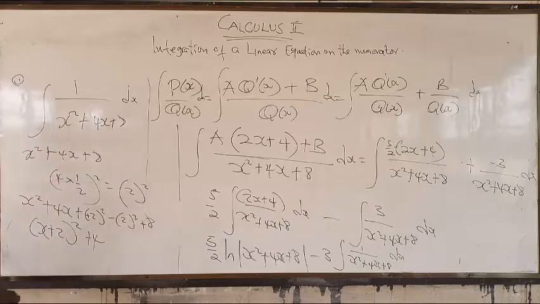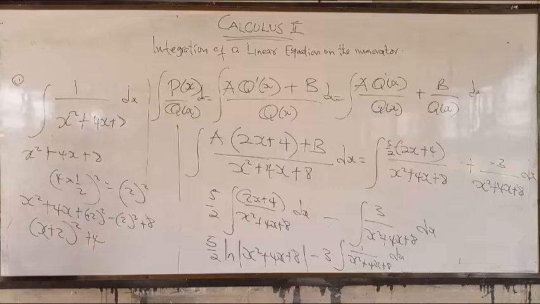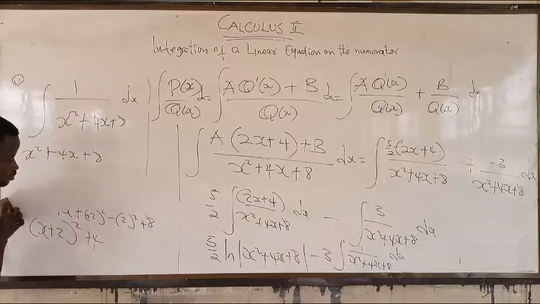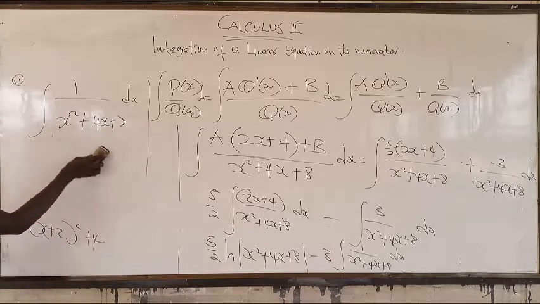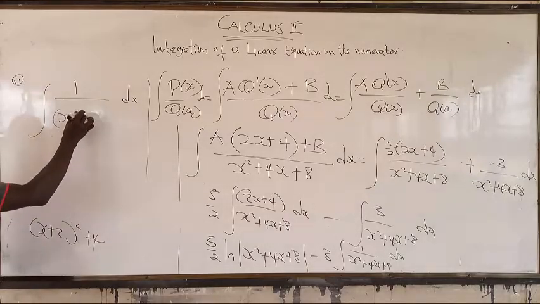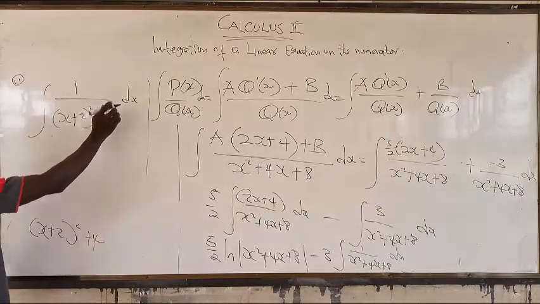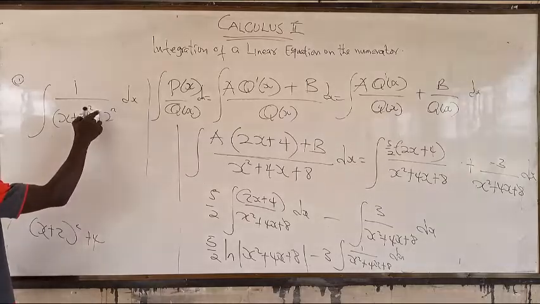And when you do the substitution back, please, I'm cleaning it, so I don't have enough space and I don't want to clean them. So you see that this is the same as x plus 2 squared plus 4. And this 4 can be written as 2 squared.